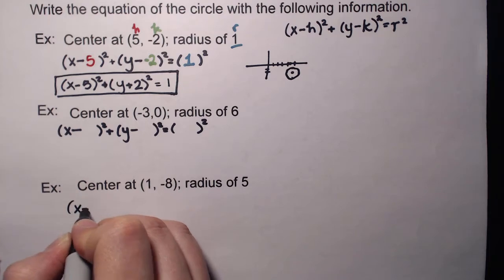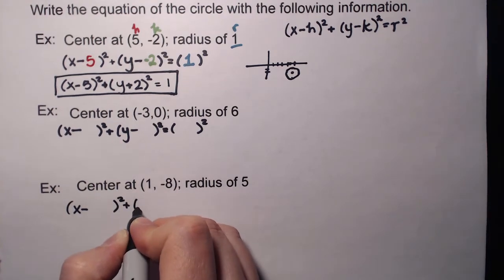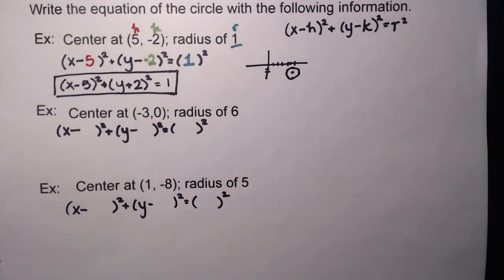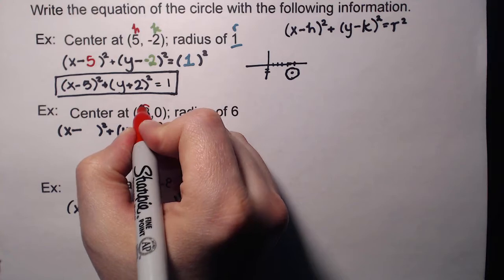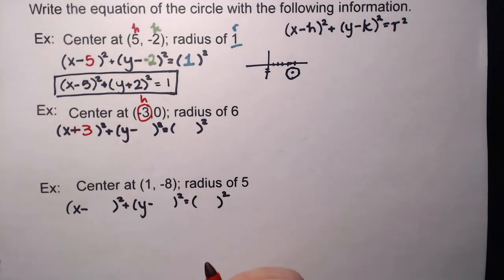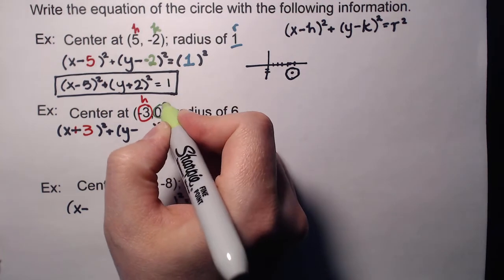And I'm also going to write this one in the black, so I can put the black marker down. Okay, so in this one, this is my h value. This is my k value.